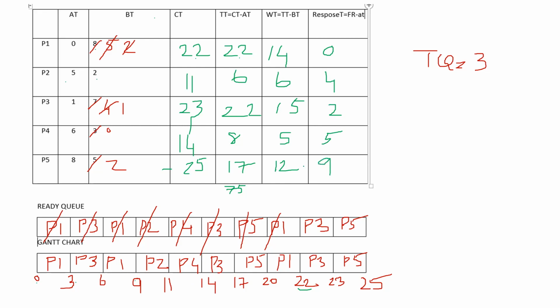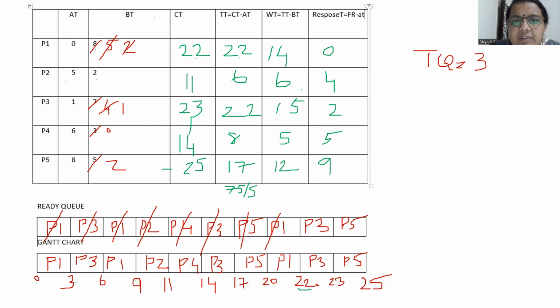Now you have to find the averages. The question will ask for the average turnaround time or average waiting time, something like that. The average turnaround time: total 22 plus 6 plus 22 plus 8 plus 17 is 75, divided by 5.